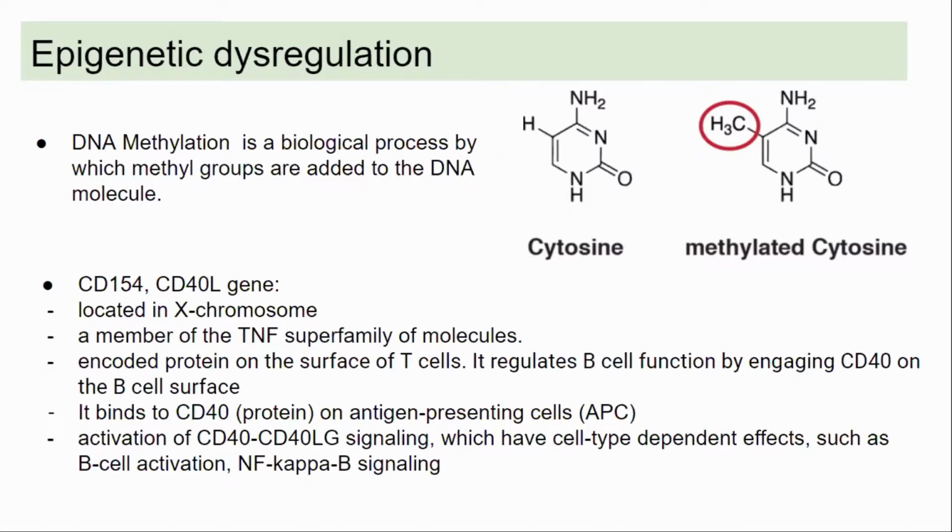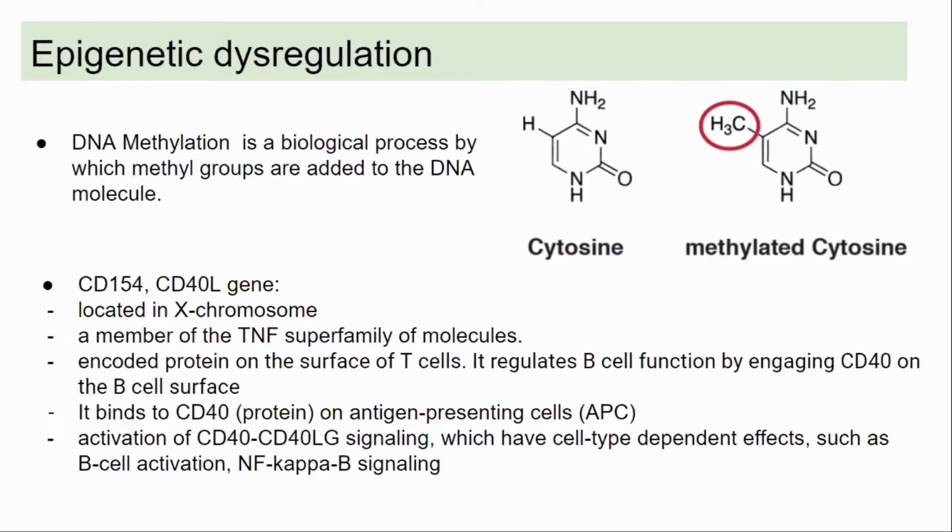The epigenetic dysregulation in this topic involves DNA methylation. DNA methylation is a biological process by which methyl groups are added to the DNA molecule, and it can change the activity of DNA without changing the sequence. DNA methylation is one process that controls gene expression. Once DNA methylation occurs, the DNA becomes silenced.